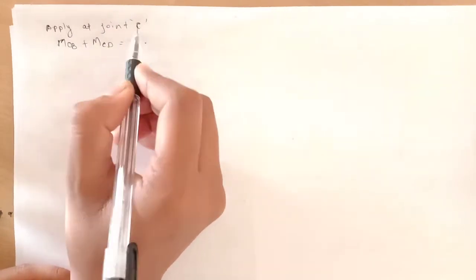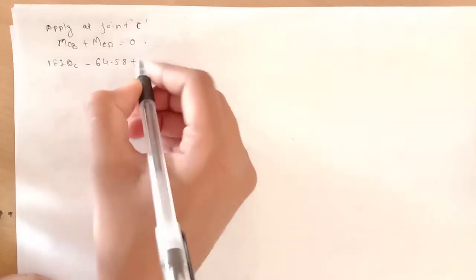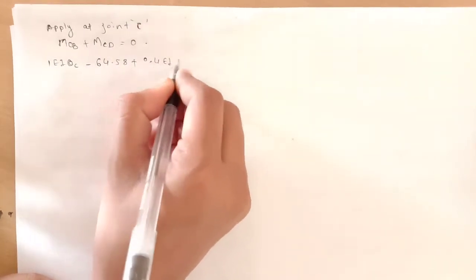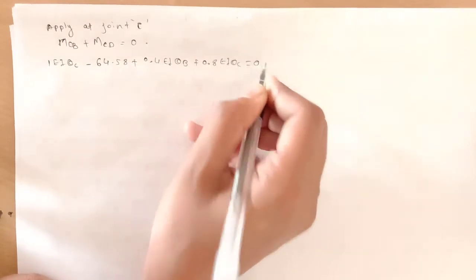So here adding the slope deflection equation at member CB plus the slope deflection equation at member CD is equal to 0. So the CB equation is minus 64.58 plus 0.4 EI theta B plus 0.8 EI theta C, and the CD equation is 1 EI theta C, is equal to 0.